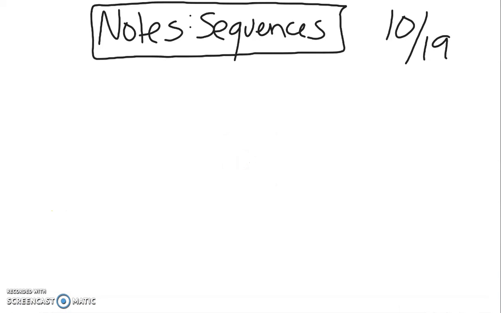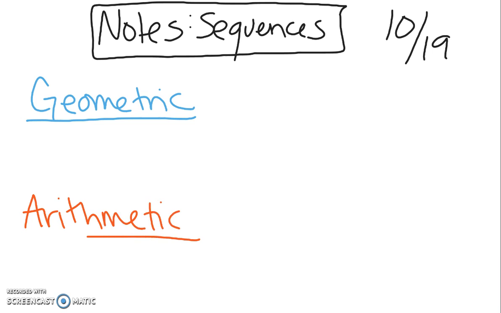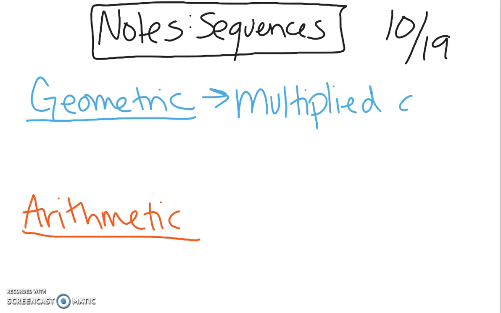For sequences, there are two types: geometric and arithmetic. Geometric means that you multiplied or divided.